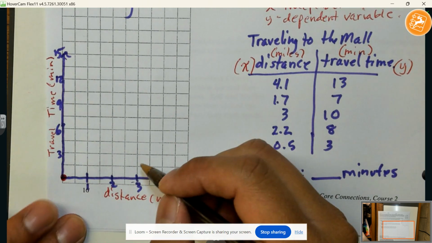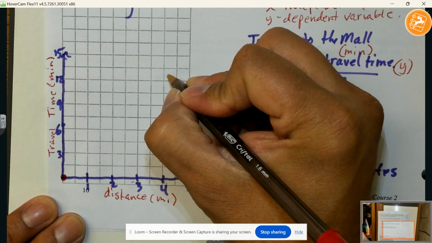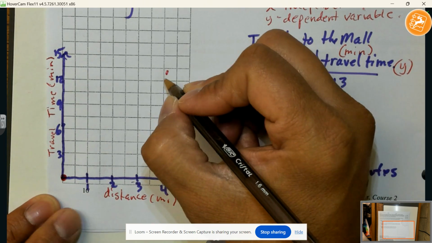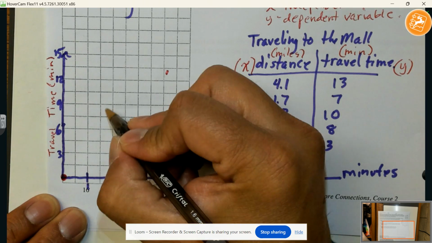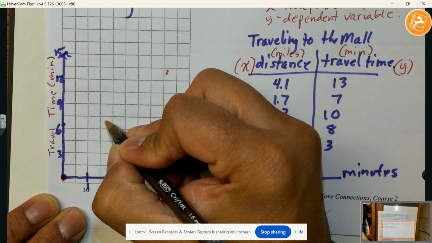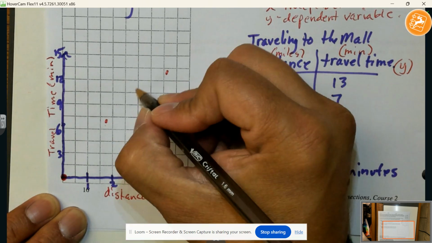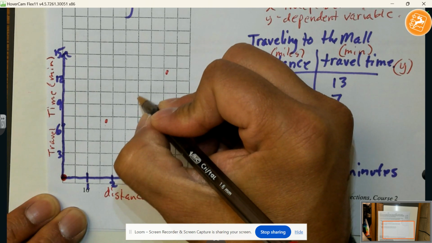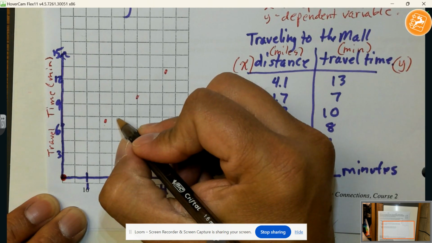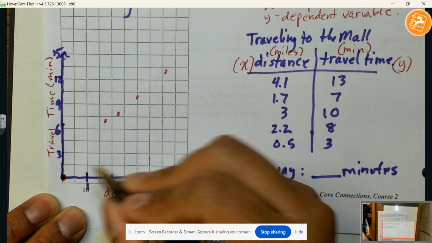What you should have is 4.1, 13; 1.7, 7; 3, 10; 2.2, 8; and one half, 3.